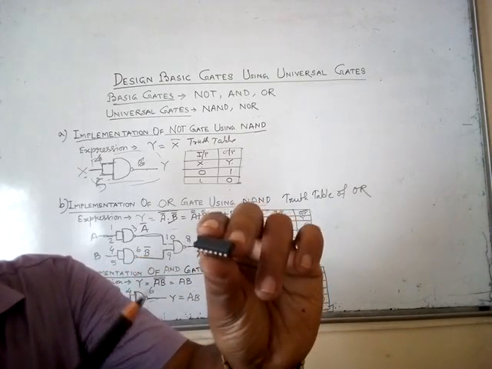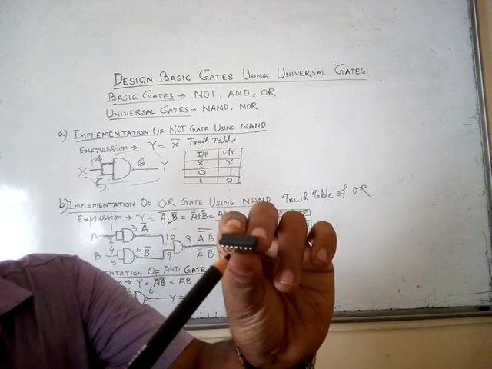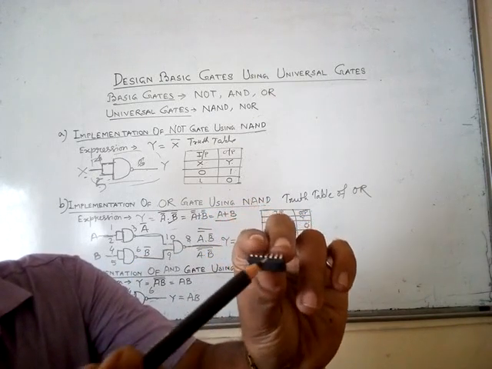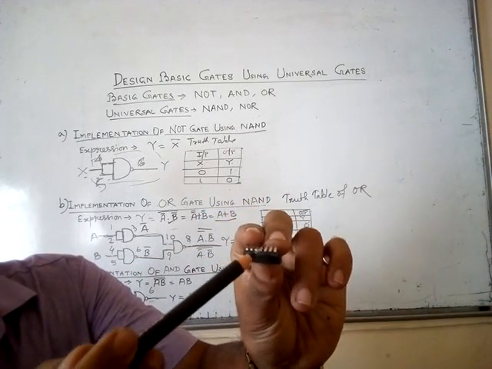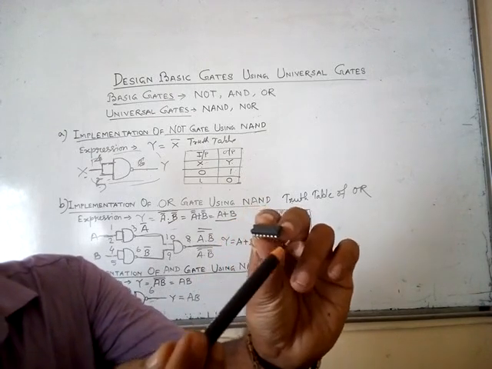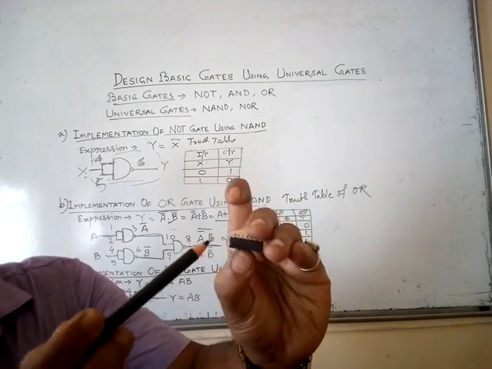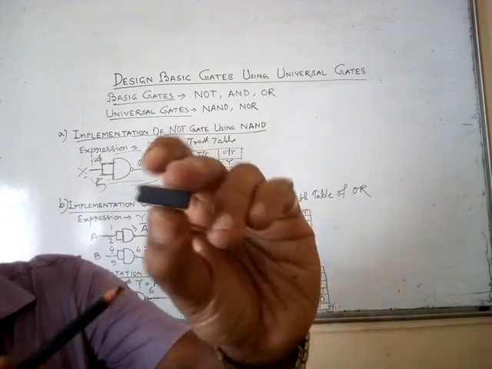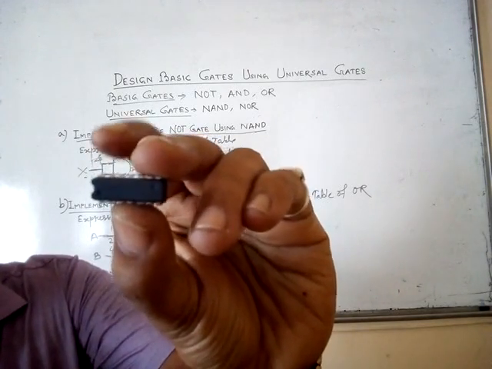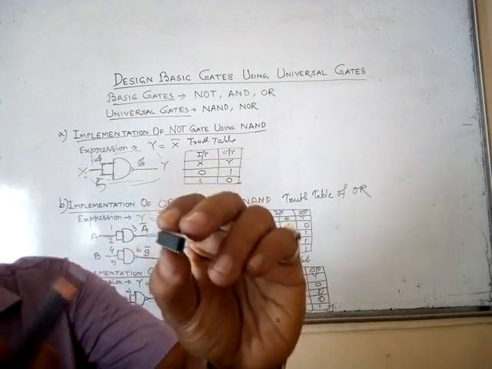I already told you: 1, 2, 3, 4, 5, 6, 7, 8, 9, 10, 11, 12, 13, 14. This is pin number 7. We have to connect this to the ground, and this is pin number 14. We have to connect this to the plus 5 volt as it is required for this IC.